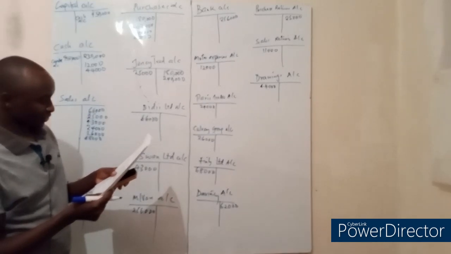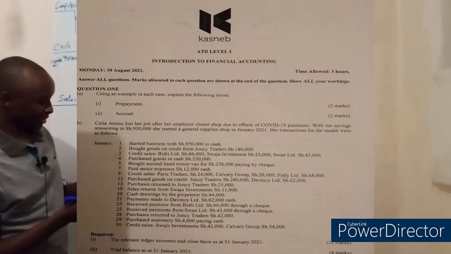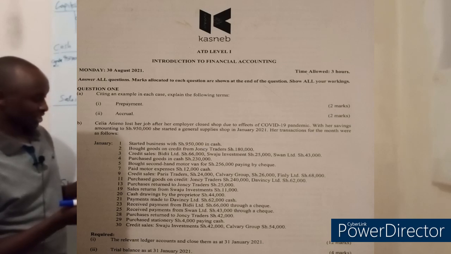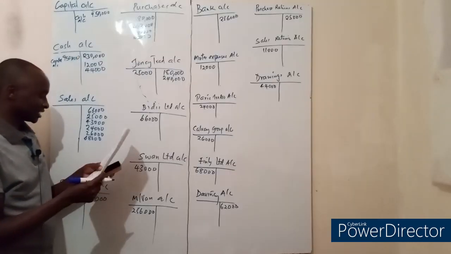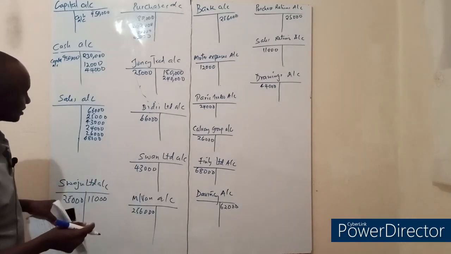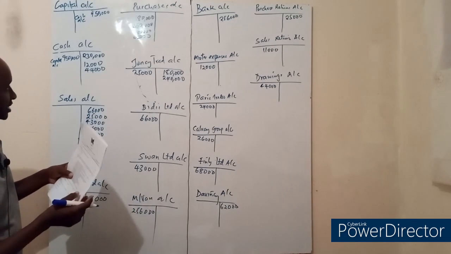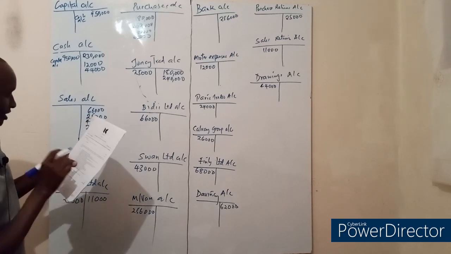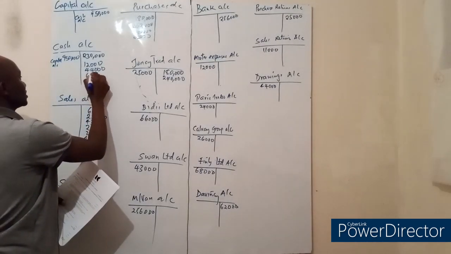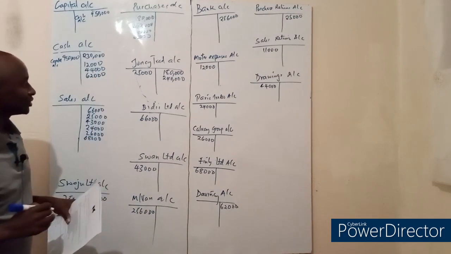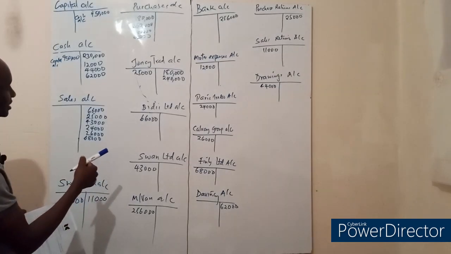So let's move to January 21st. Payments made to Da Vinci Limited worth 62,000 Kenya shillings, in cash. Our cash account is decreasing by 62,000 because we are paying Da Vinci. Where is Da Vinci?